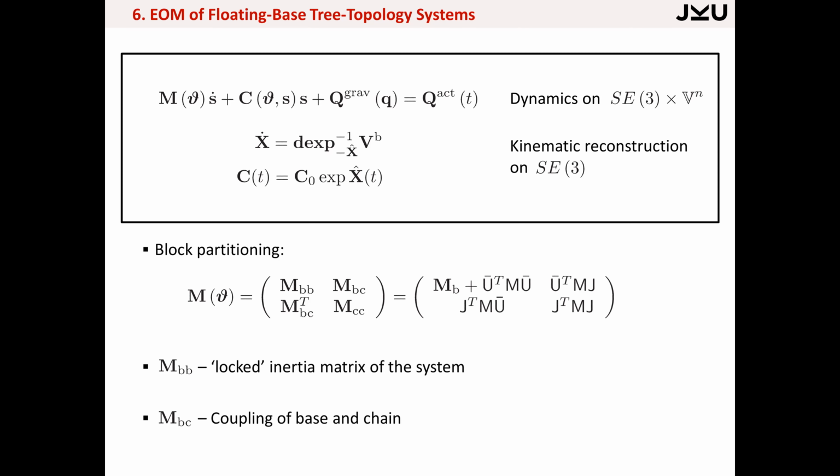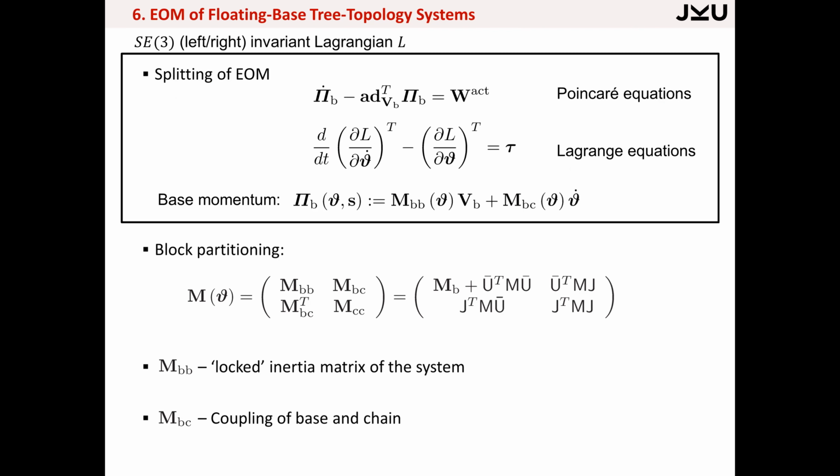First of all, it is called the locked inertia matrix of the system, because you can imagine that this is actually representing the mass matrix or the inertia matrix of the floating base system if the joint angles would be locked. It's like one single rigid body, but with the current pose according to the joint angles.